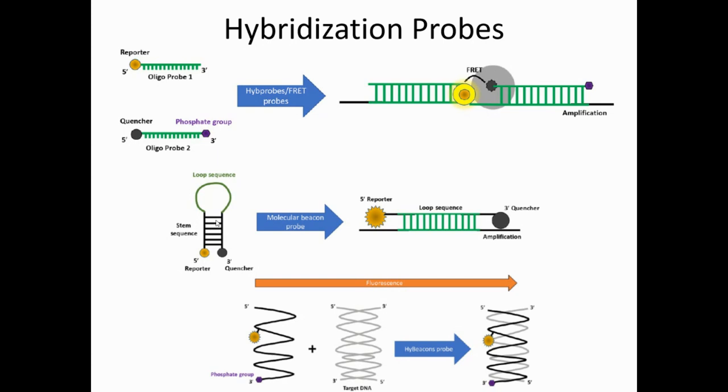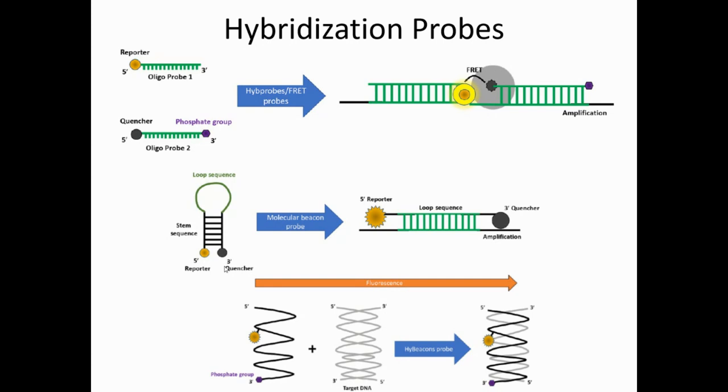The 5' end of the probe has a fluorescence reporter, and the non-fluorescent quencher is at the 3' end, because it can absorb the fluorescence emitted from the reporter when the molecular beacon probe is closed.